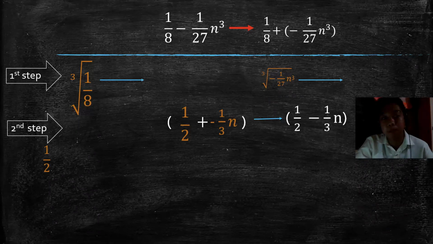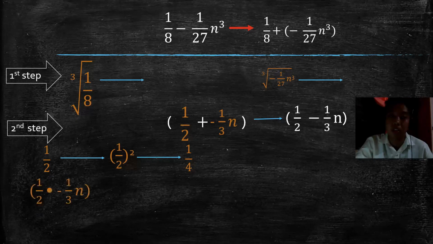So 1/2. So multiply mo lang siya sa sarili niya kasi squaring na tayo. So 1/2 times 1/2 we get 1/4. And also, the next is multiply nyo yung dalawang cube roots and then get the negative product. Okay, so 1/2 times negative 1/3.